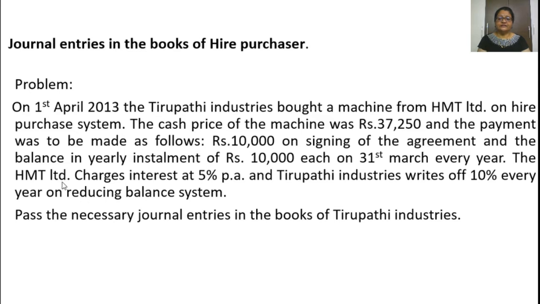HMT Limited charges interest at 5% per annum and Tirupati Industries writes off 10% every year on reducing balance system, so there is depreciation. Then pass the necessary journal entries in the books of Tirupati Industries.